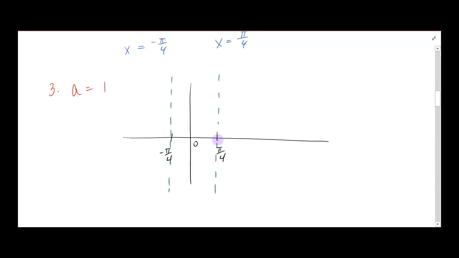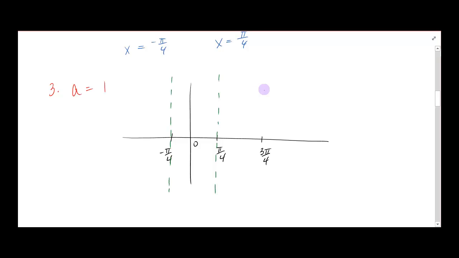So if I take pi over 4, or 1/4, and I add one complete period, which is pi over 2, or 1/2, that's going to give me 3/4, or 3 pi over 4.